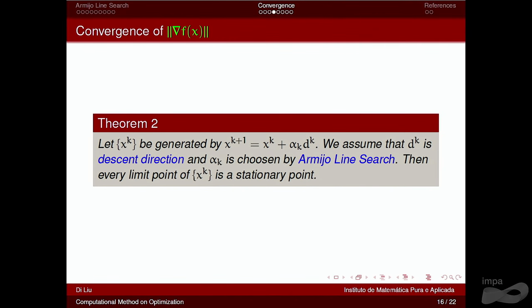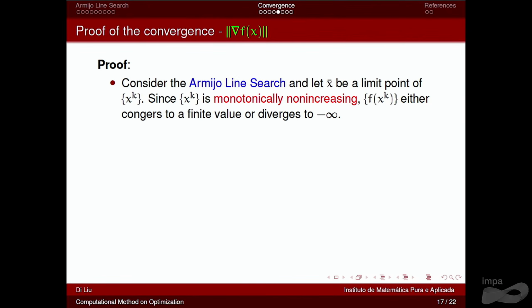If it doesn't satisfy your Armijo condition, you multiply by beta, decrease it and check again, until the largest alpha_k satisfies your Armijo condition. So Armijo line search means two things: the backtracking and the Armijo condition. Then every limit point of x_k is a stationary point. Okay, let's go to the analysis of the convergence.